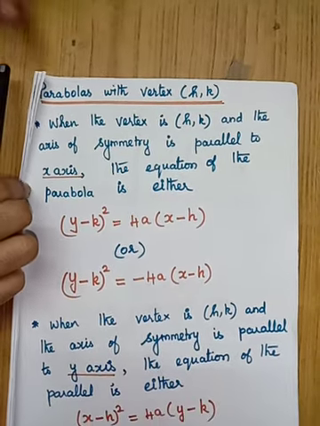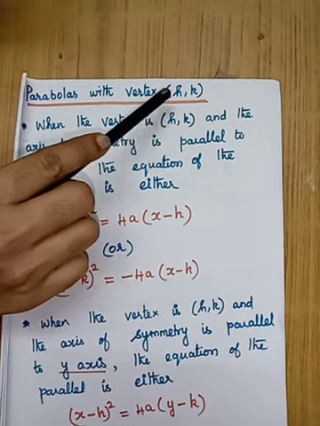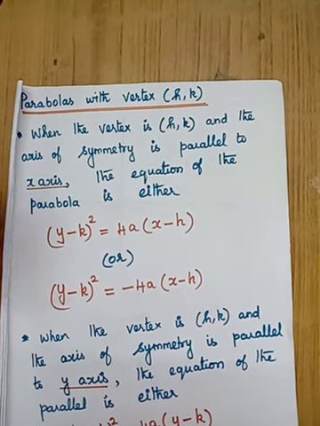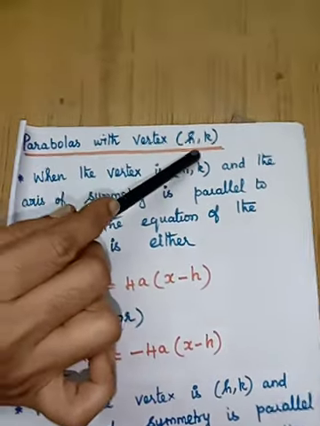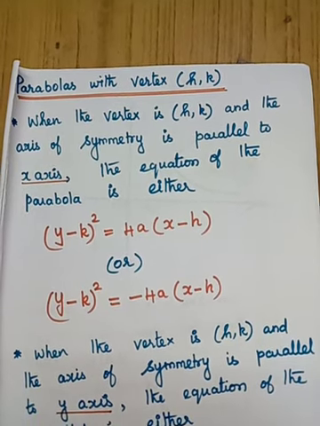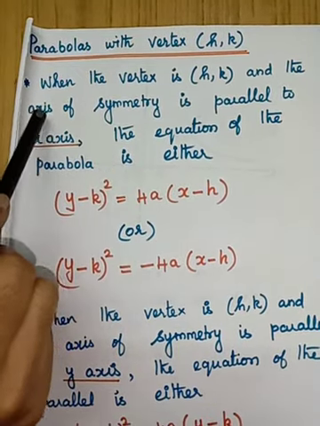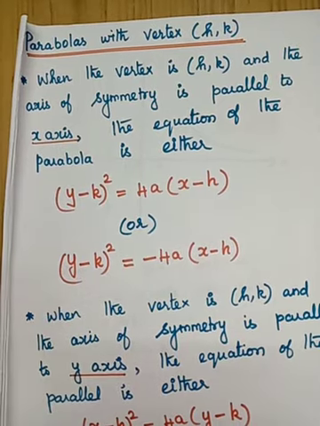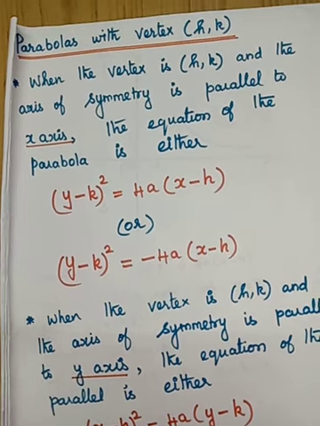Next, we are going to see the parabolas with vertex h, k. Previously we have seen the vertex 0, 0. Now the vertex is shifted to h, k. We are going to see the equations and the properties. When the vertex is h, k and the axis of symmetry is parallel to the x-axis: previously, with vertex 0, 0, the axis was on the x-axis.